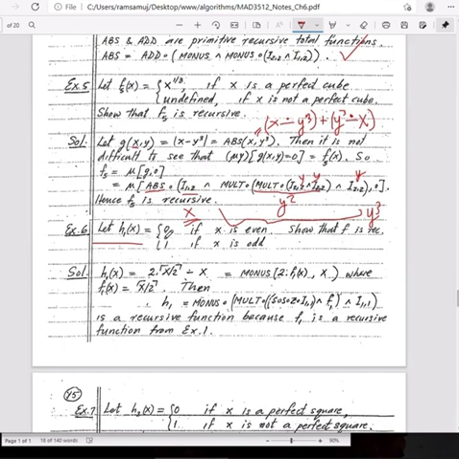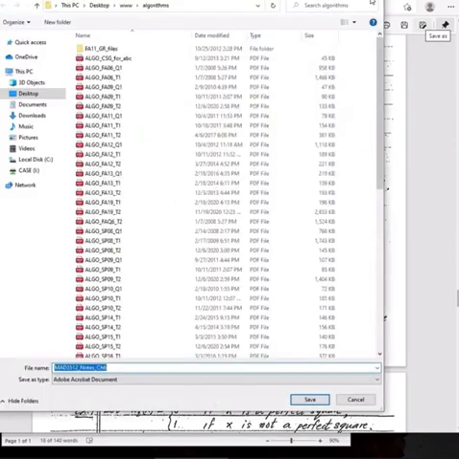So h1 is the modular arithmetic. Show that h1 is mu recursive. I made a mistake here. I wrote f, but there is no f.